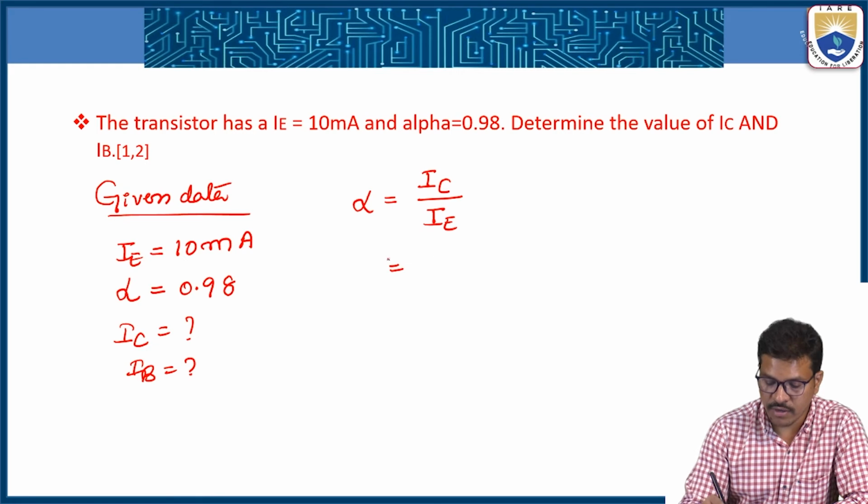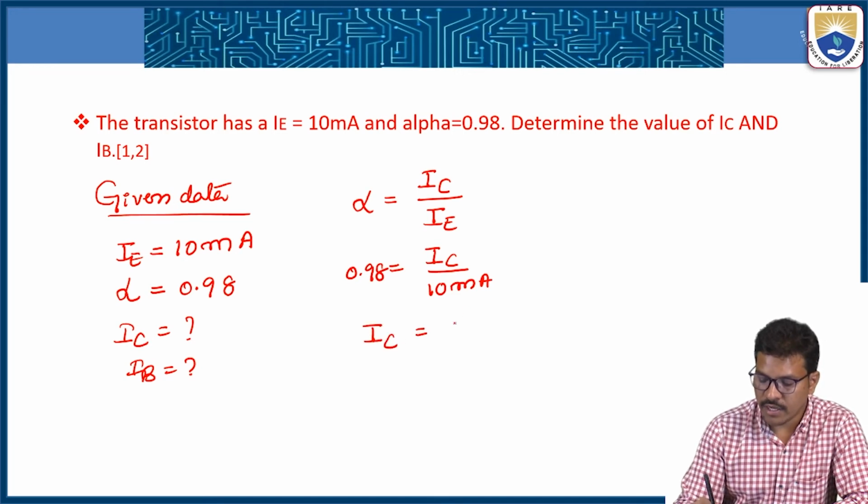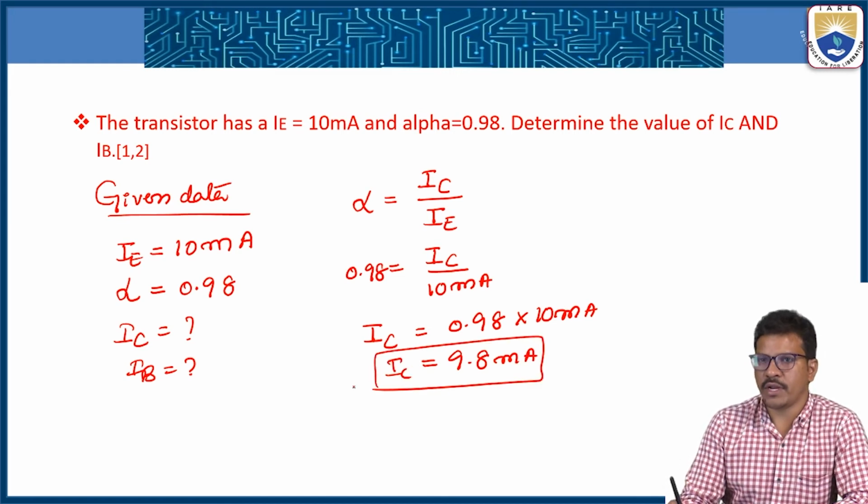We have the given data: alpha 0.98 and IE equal to 10 milliampere. So IC is 0.98 multiplied by 10 milliampere, so you will get 9.8 milliampere. IC is always the larger current, so 9.8 milliampere.